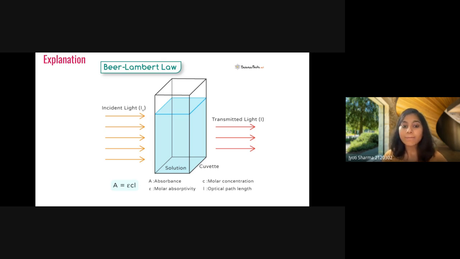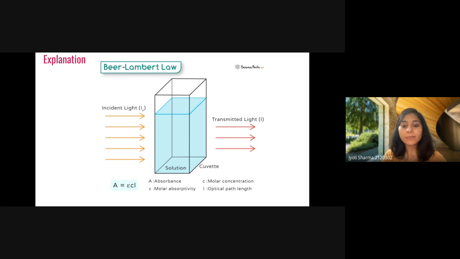Okay, and that absorbance will be directly proportional to the concentration. So A will be proportional to C. How much concentration we have in that sample, based on that, there will be more absorbance. More concentration, more absorbance. And this law will come under Beer-Lambert law.